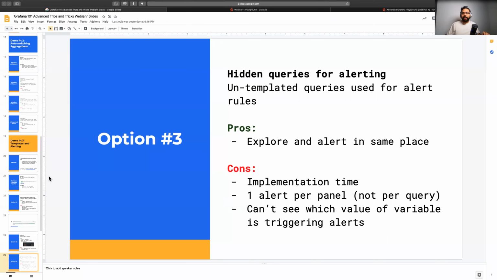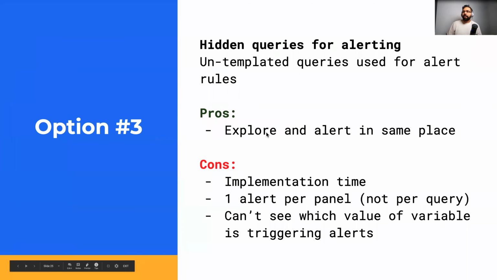And again, the value of this is that it simplifies your operations pretty significantly because you have exploration and alerting in the same place. But the cons is that, again, your implementation time is quite a lot. You have to create one alert for every value of the variable that you have. And then you also only have one alert per panel.